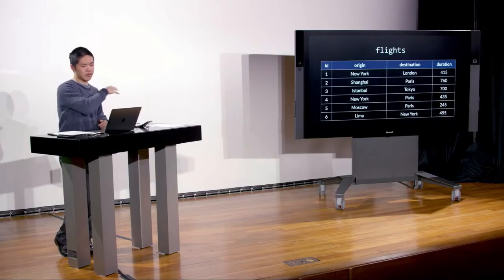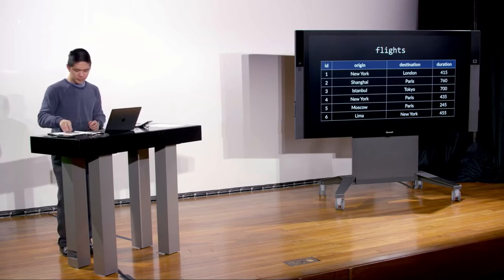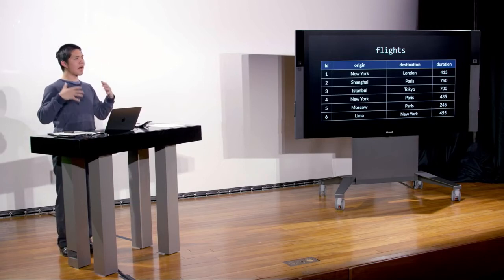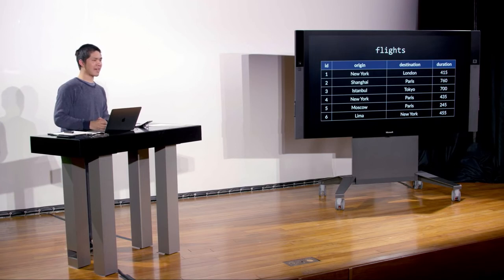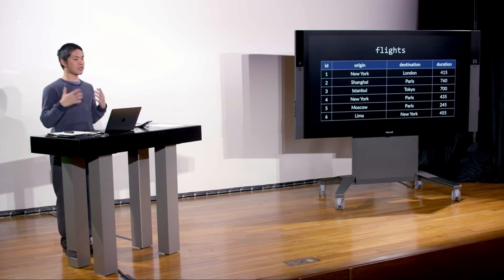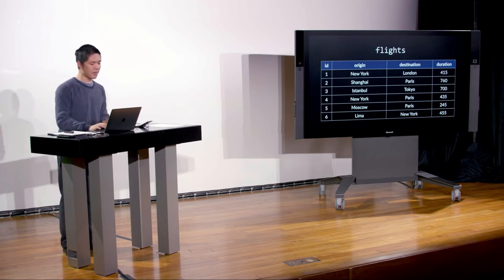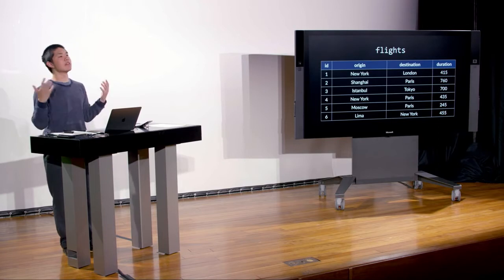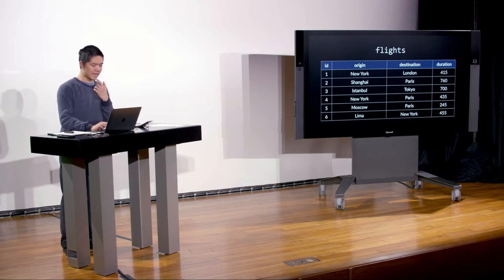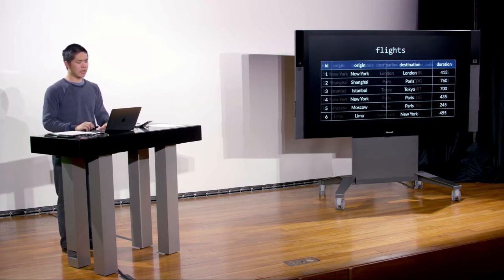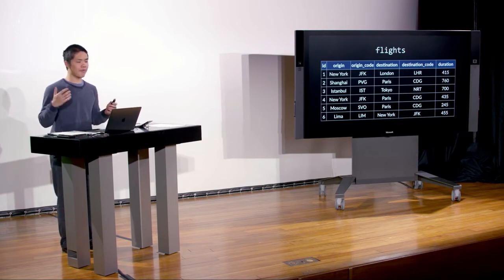So imagine that I have a flights table, for example, that's got an ID, origin, destination, duration, just like we had before. But as my airline application gets a little more complicated and I add more features to it, I might start to need more out of this application. I might, for example, want to keep track not only of the name of the place I'm flying from, but also the airport code of that particular location.